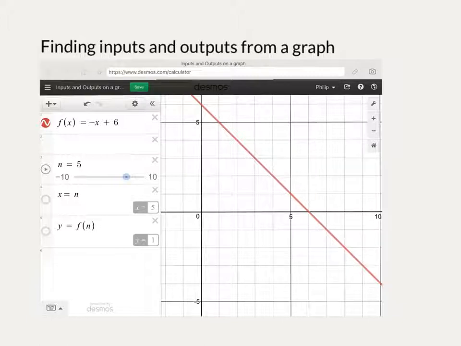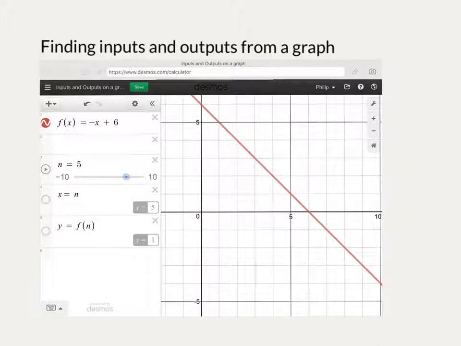All of the points on this graph are input-output pairs. What it's telling me is that along my x-axis are my inputs and along my y-axis are my outputs. So every time I have some sort of input, say 5, I'm going to consider what the output is.